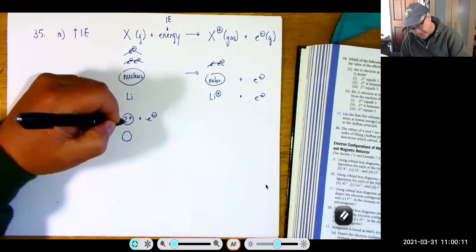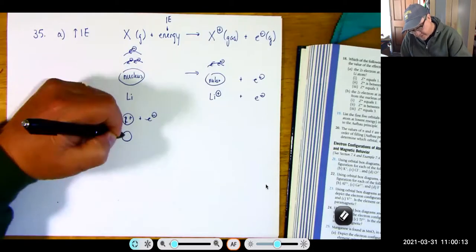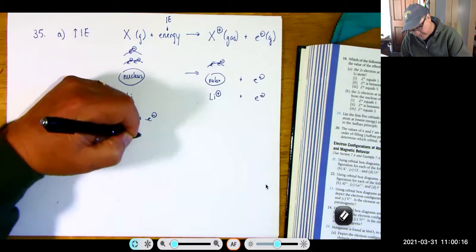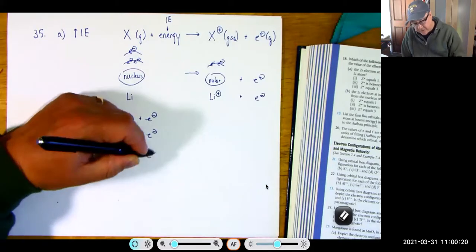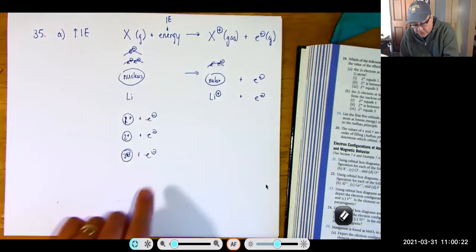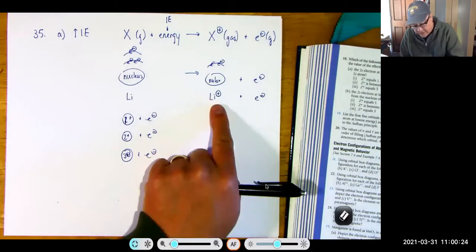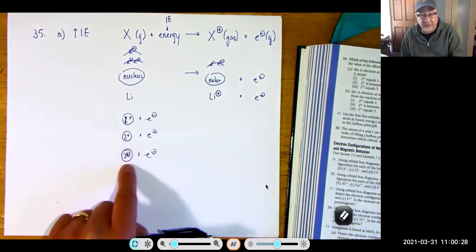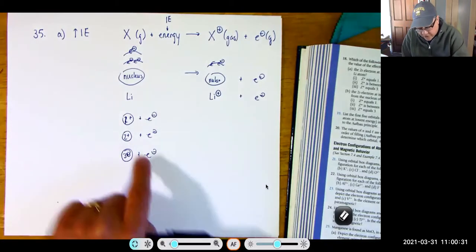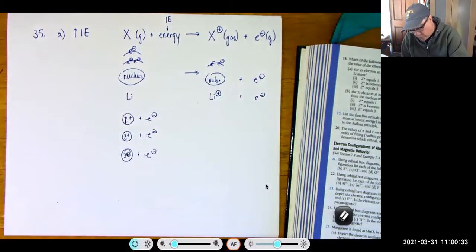Oh, this should be a 1 plus. That's the second one. And that's the third one. So here, the first one, you're resulting in a +1 and an electron. Second one, you end up with a +2 and an electron. Third one, you end up with a +3 and an electron. Which electron is harder to pull off?